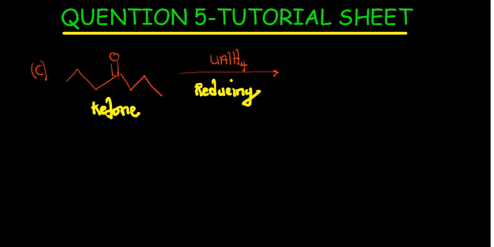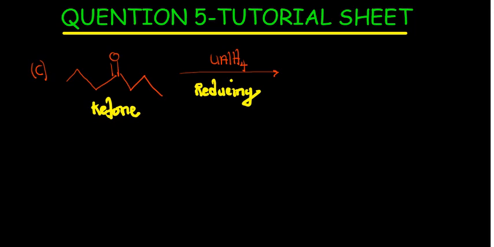Just like in the previous questions, where we were given the alcohol and oxidizing it to take it into the aldehyde or ketone, the opposite, taking the ketones to the alcohols, is what we call reduction. The reducing agents are very different from the oxidizing agents.